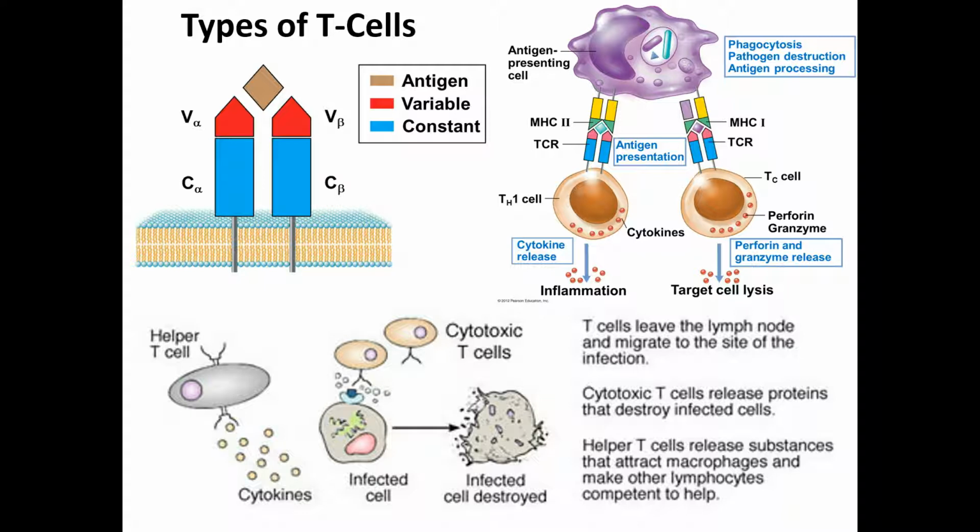Helper T cells are also involved in, some groups of helper T cells are involved in a pro-inflammatory response and secreting chemical messengers, chemokines, that trigger other cells like macrophages or other T cells like CD8 T cells to become activated.